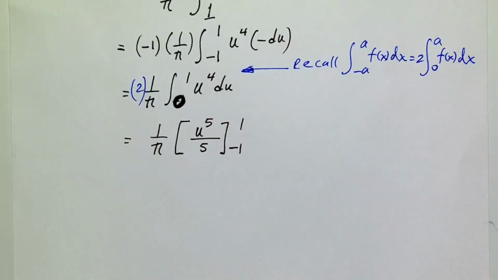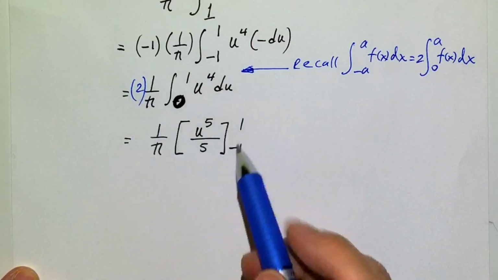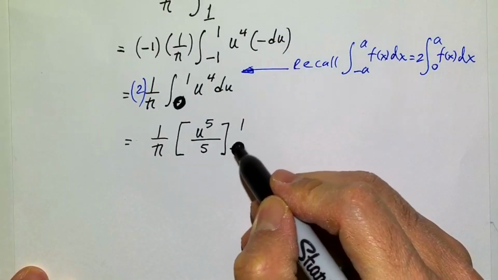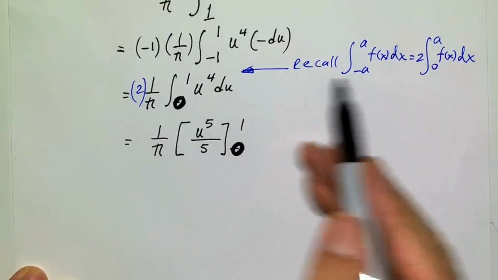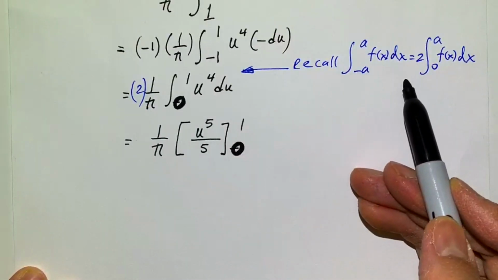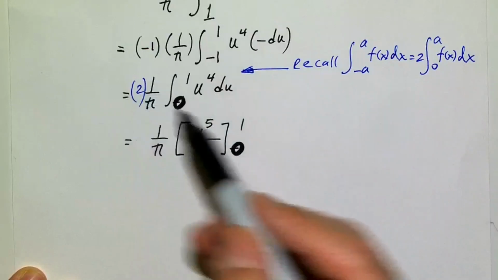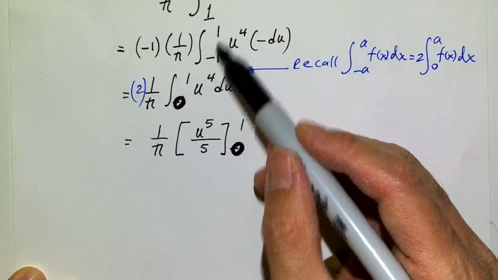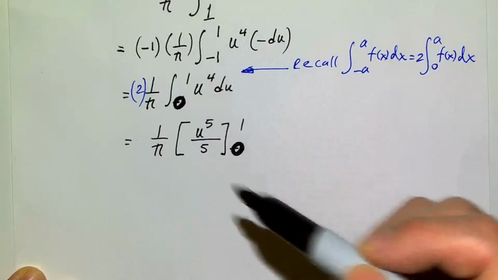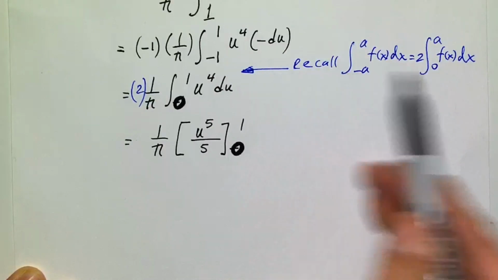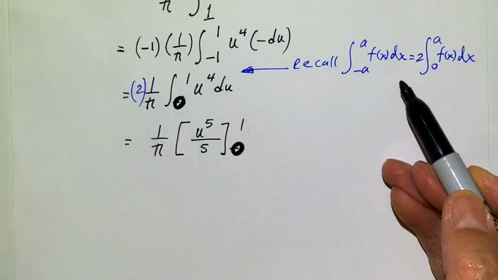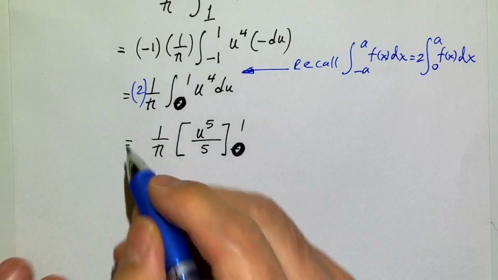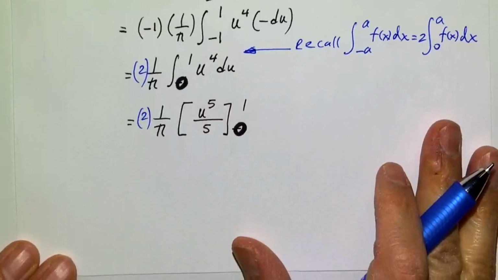I wanted to apply this because we introduced it and we never used it. So this would be an appropriate place to use that. Even though you could continue with -1 to 1 and you'd get the same result, let's apply that identity that we introduced earlier. And of course, this one will also be 2 times all of that.